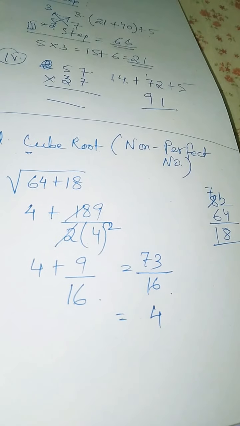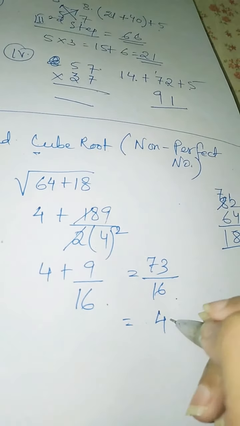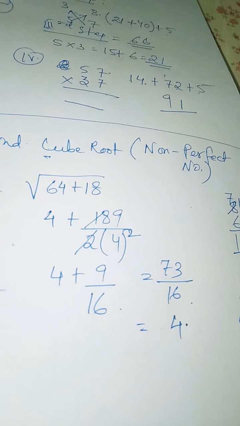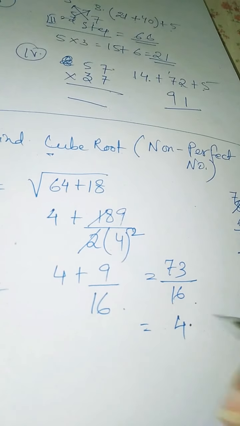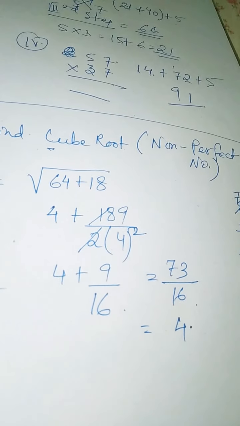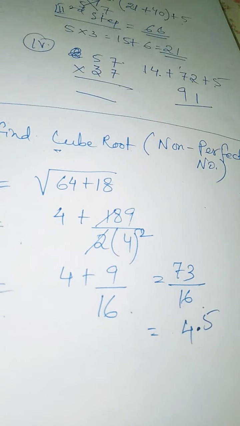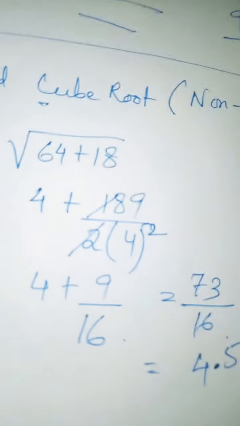On solving it, 16 4s is 64 and 16 5s is 80. So 16 4s is 64, and here we will get 4.5. You have to be sure that you find the answer with 2 decimal points. So I am working it out a little bit.